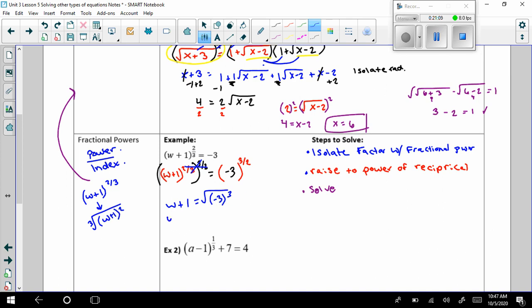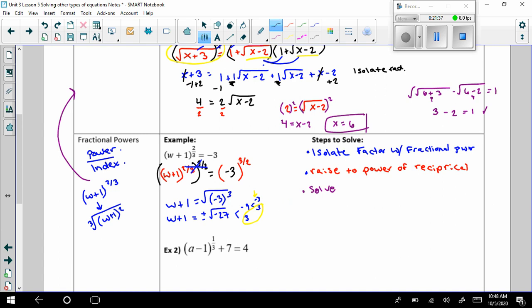So I get w plus 1 is equal to plus or minus the square root of -27. Well, -27 breaks down into -9 times 3, which breaks down into -3 and 3. I have a group of 2 here, and I have a negative, and that negative needs to come out also.